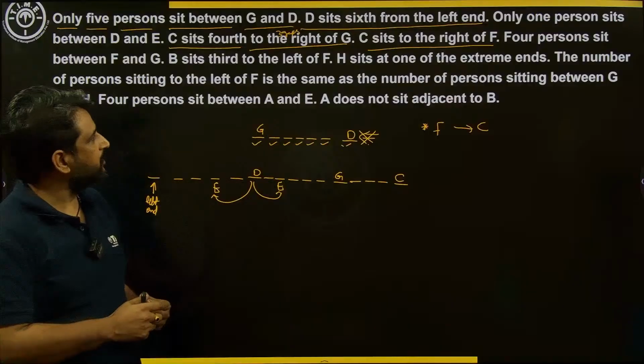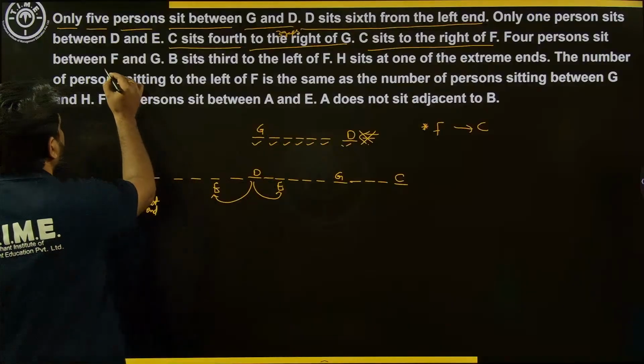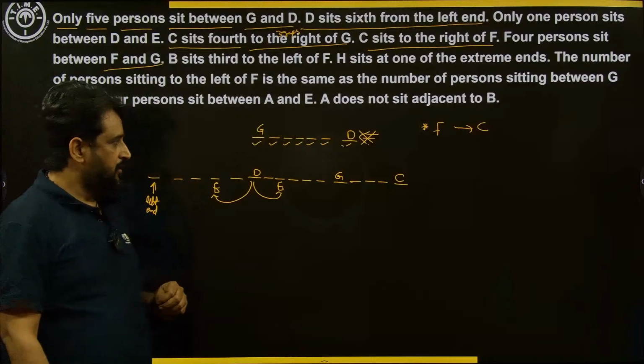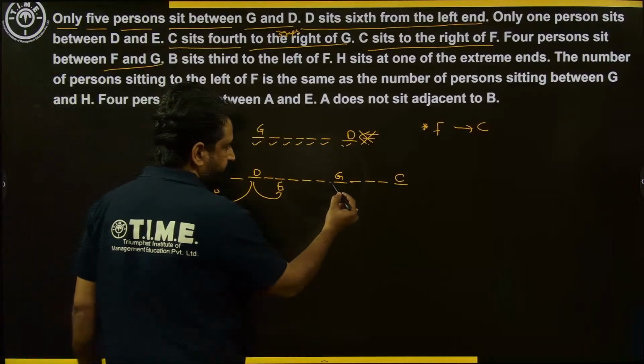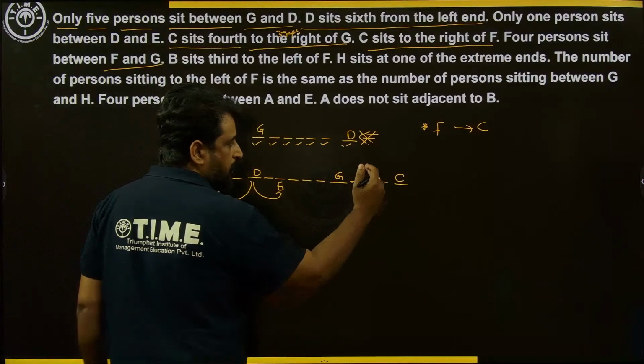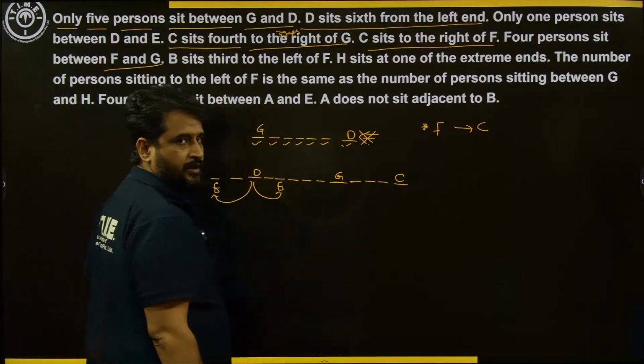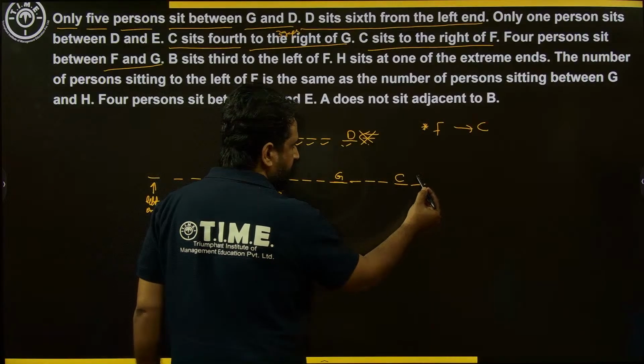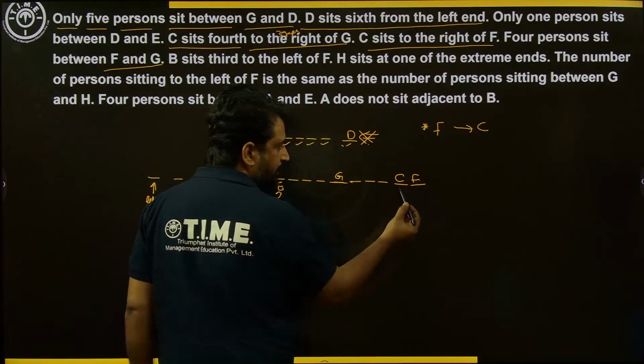What is the next information given? 4 persons sit between F and G. So there are 4 people between F and G. Now G is already in the arrangement. If I take 4 people to the right side of G, what will happen? 1, 2, 3, 4. Here I should take the F. In this case, what is it becoming?